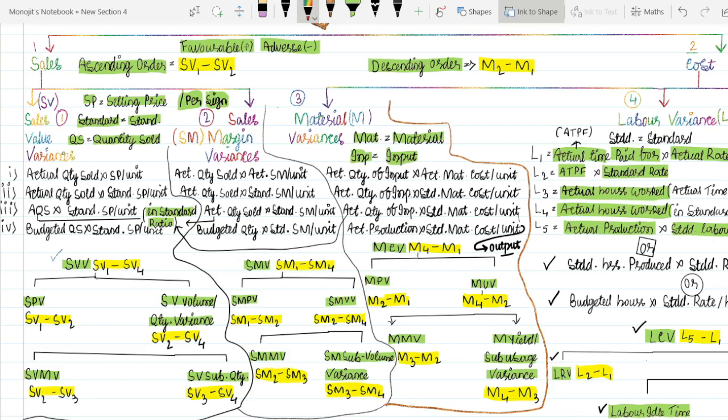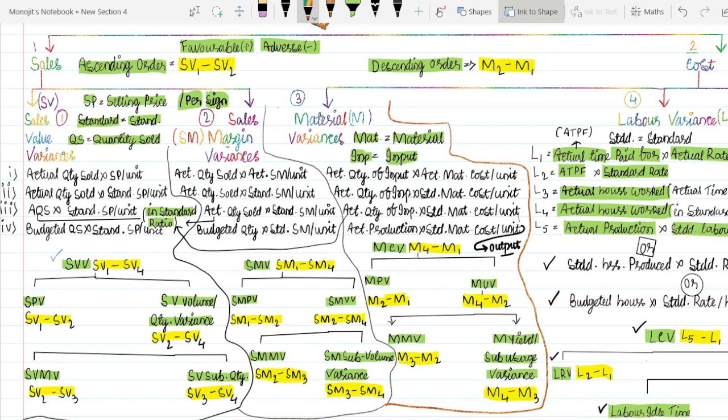For example, they will give you the instruction about the calculation of sales value variances, or sales price variances, or sales value volume or quantity variances, or sales value mix variances, or sales value sub quantity variances. These are the five components of sales value variances. So first we need to solve this.